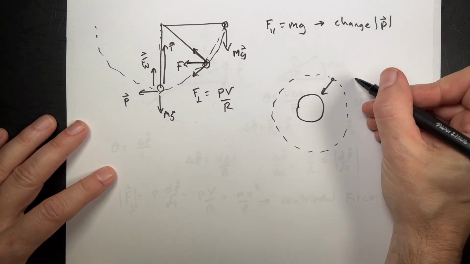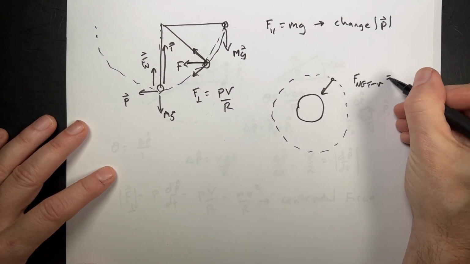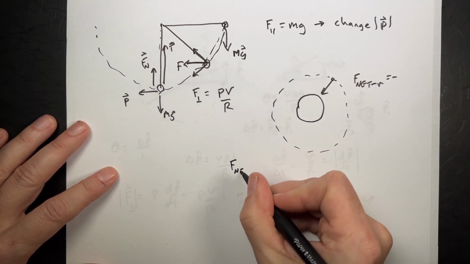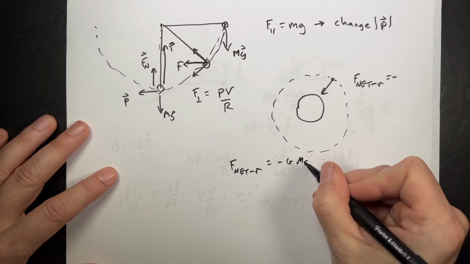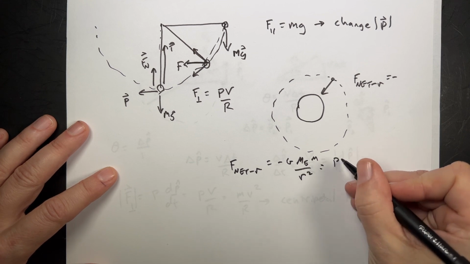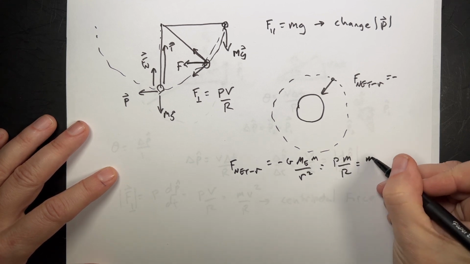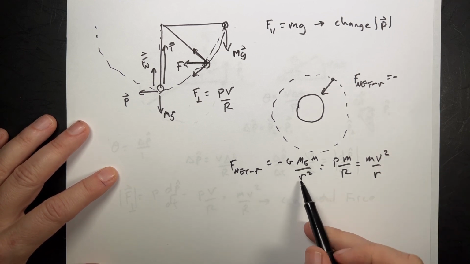So I can actually write F net in the R direction, just for simplicity, is going to be negative G, mass of the Earth, mass of the satellite, over R squared, and that's going to be equal to PM over R, or M V squared over R, because that's the radius of the thing.